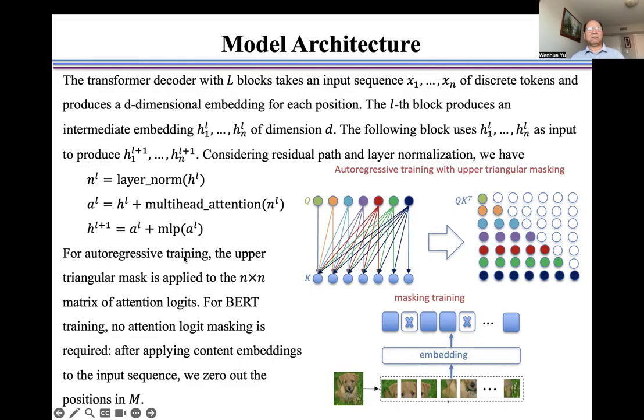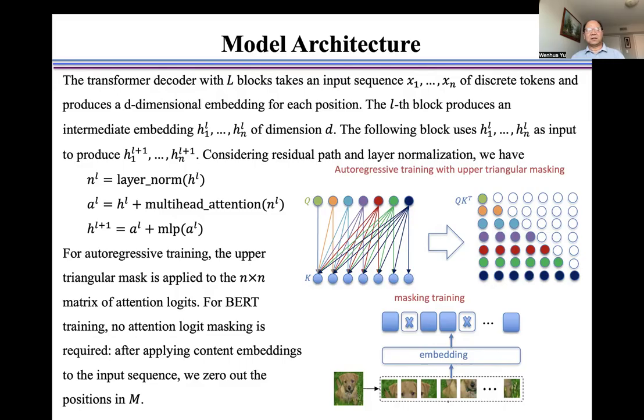For autoregressive training, the upper triangular mask is applied to the n by n matrix of attention logits, as shown here. This is the query, this is the key, and this is the triangular mask here. For BERT training, no attention logit masking is required.